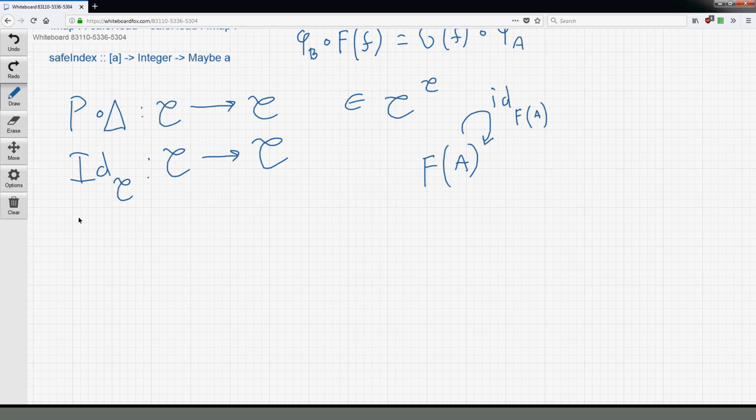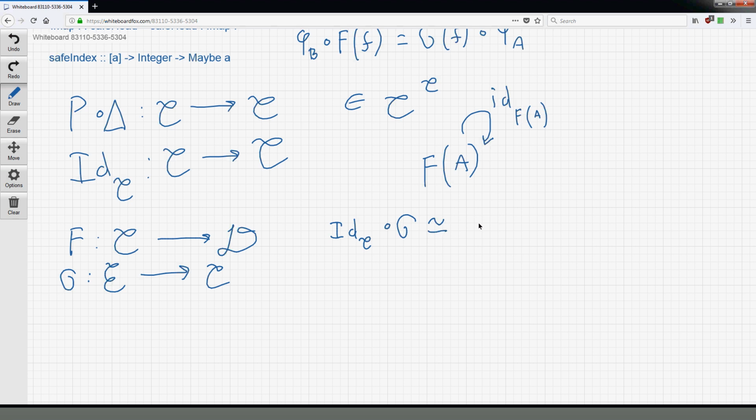So if we have an arbitrary functor from C to C, or we have a functor, say F from C to D, and another functor, I don't know, let's say G from D to E. We have the requirement that there's a natural isomorphism from the composition of the identity with G to G. They're not the same functor.